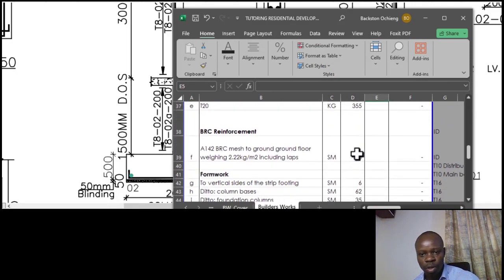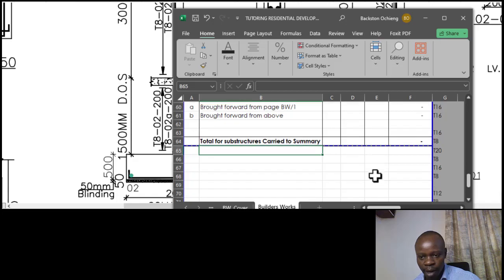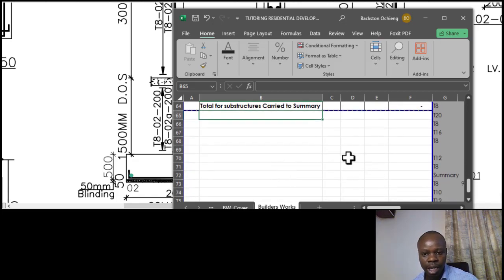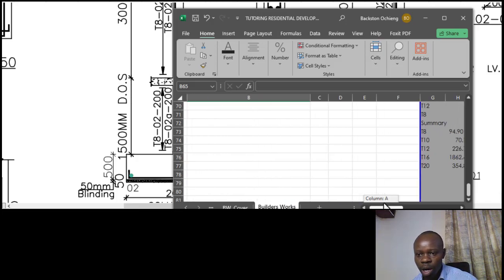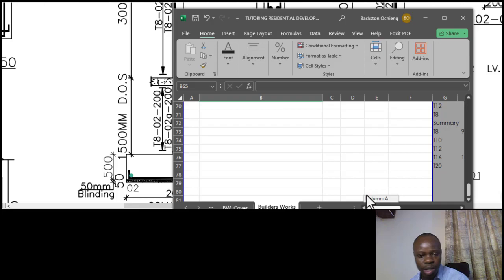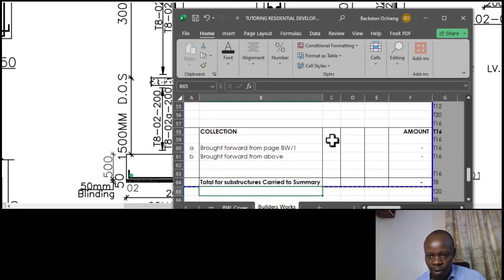Because you know these are fresh Excel, a new or a fresh Excel sheet. So we need to introduce another editing here for this other part. So what we'll do, you notice that there are a number of items that are still here. So you can always do what you call, in this case I want it to be totally new. So let me see how to cover for this.